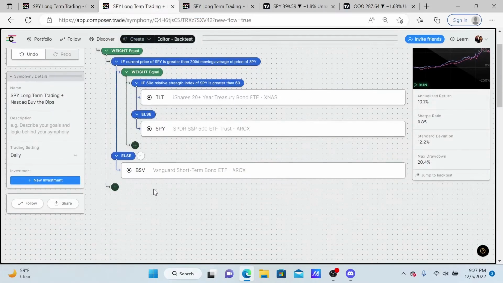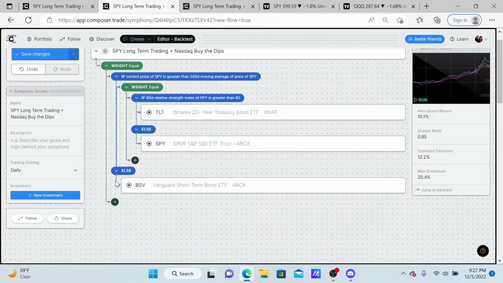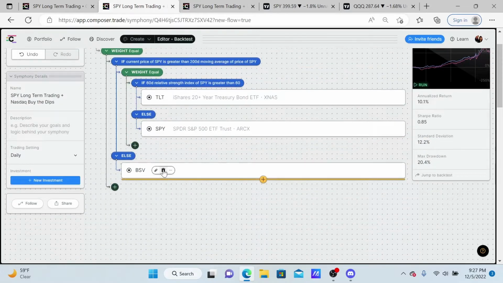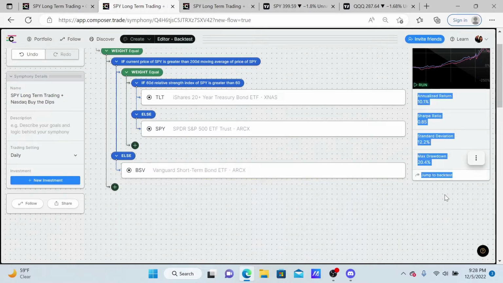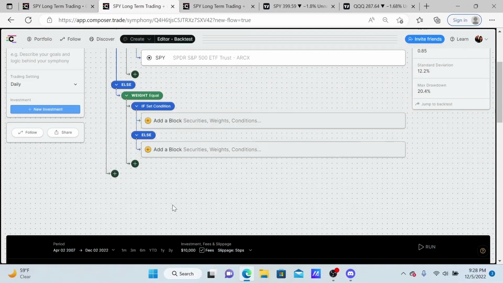So what that looks like in Composer is you would do it here, since the price of SPY is less than the 200-day moving average. It's not going to occur here. It's going to occur down here. So I'm going to delete BSV, and keep in mind the numbers right now. So the annual return is 10.1. The max drawdown is 20.4. So we're going to delete BSV, and then I'm going to add a condition.